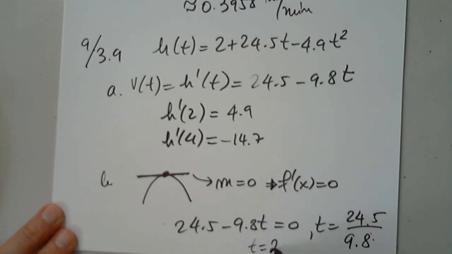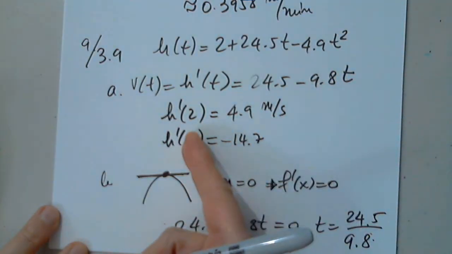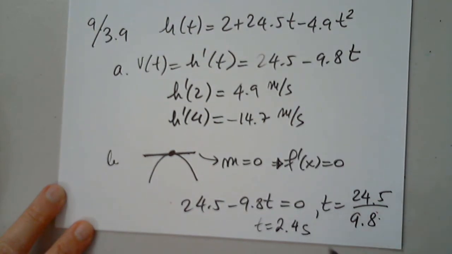So t equals 2.5, and now let's discover the measurement units. So meters per second and seconds. These are meters per second because of the velocity. Remember, this is the direction, and this is seconds.